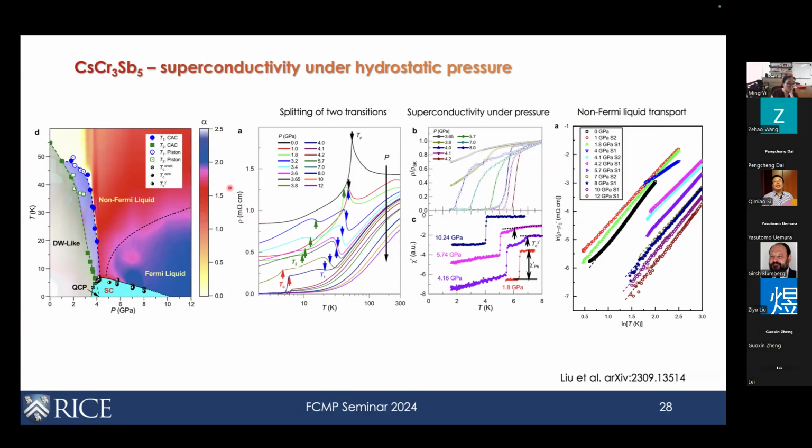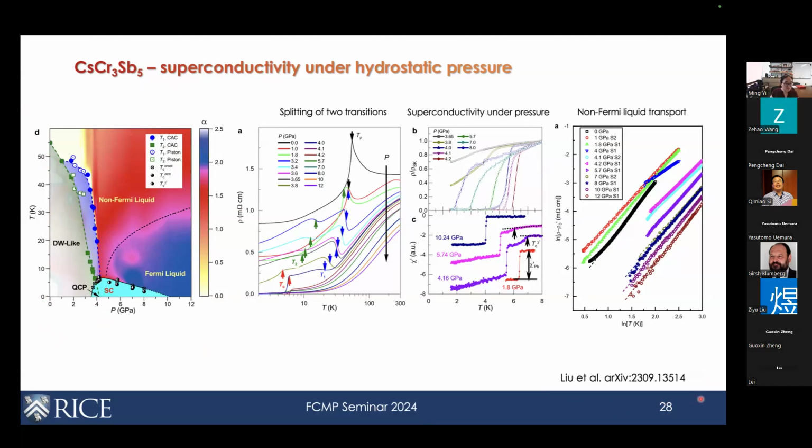And you can see that this looks very much like the phase diagrams that we are familiar with for a quantum critical point that emanates out of this quantum critical point, right? So excitingly, this kind of phase diagram at least looks familiar to those who work on the unconventional superconductors.